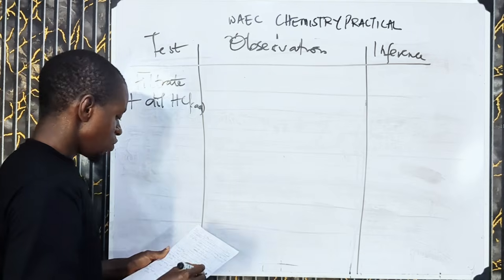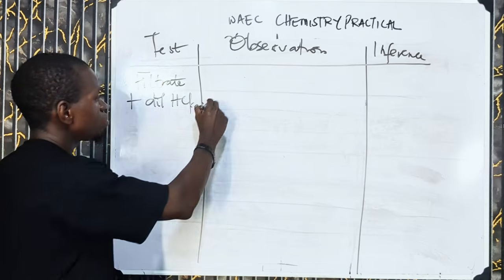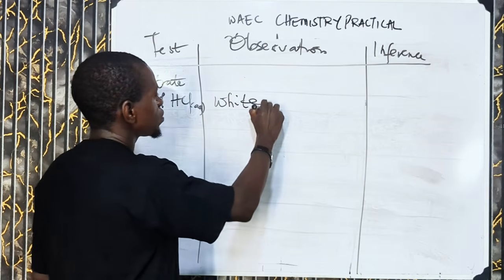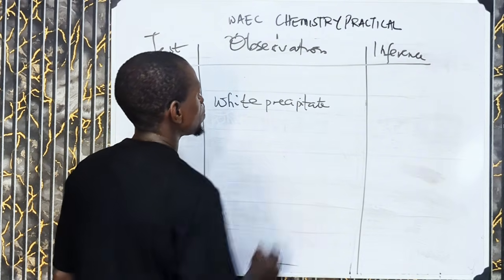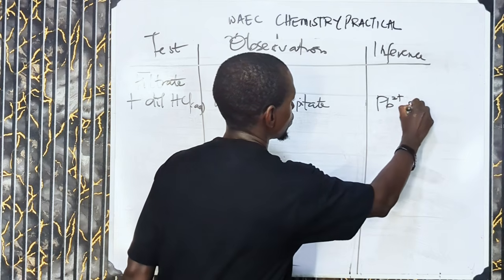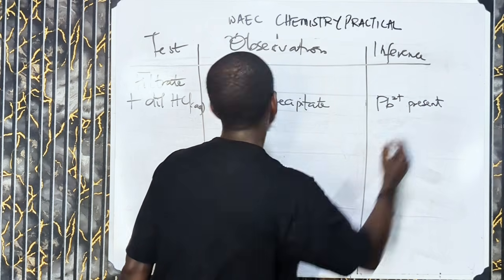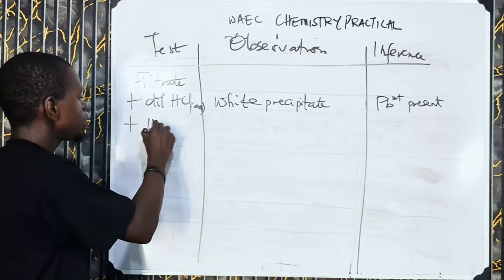If you add dilute HCl to this now, what are you going to have? You're going to have your white precipitates, and that shows that the lead ion is present.